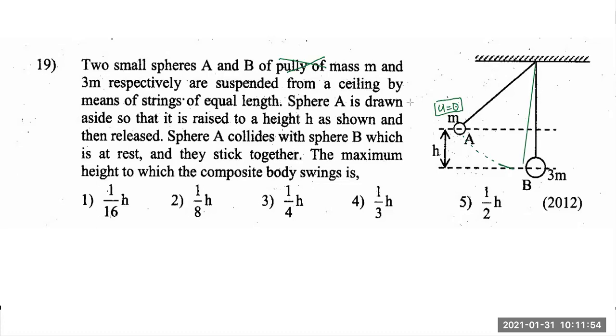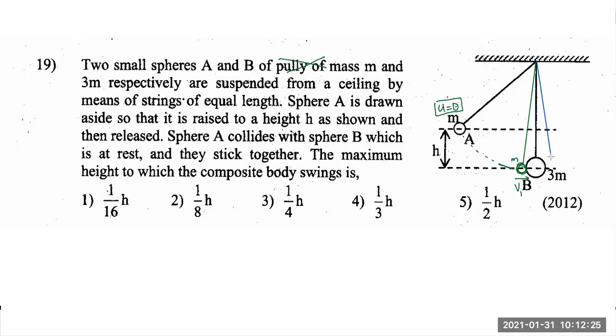When it collides with B, it will have a new velocity. Let's mark that velocity as V1. This is m and this is 3m, and then they combine and move together. After the collision, we don't consider them to be two different objects.